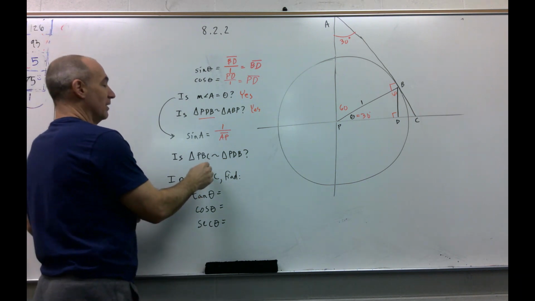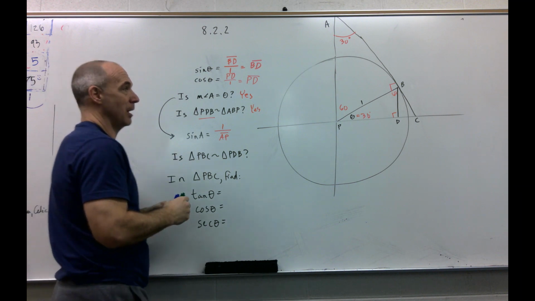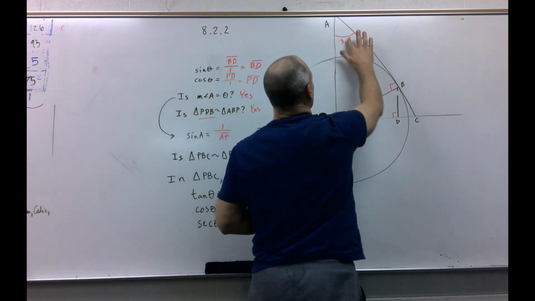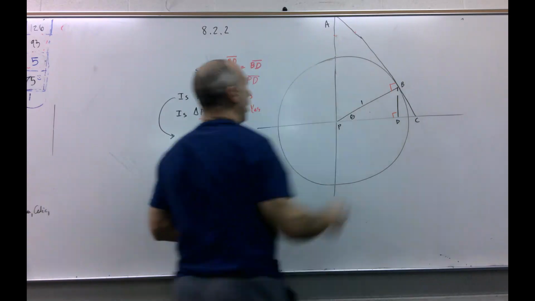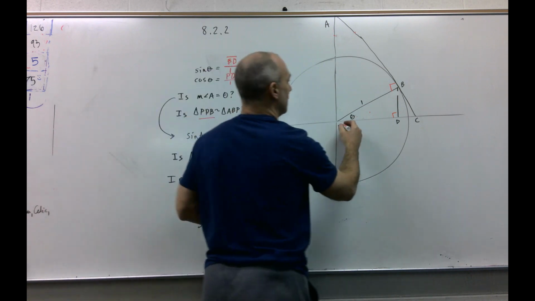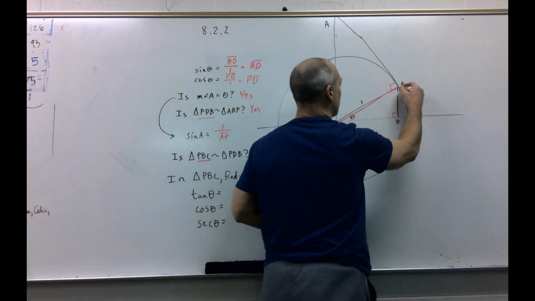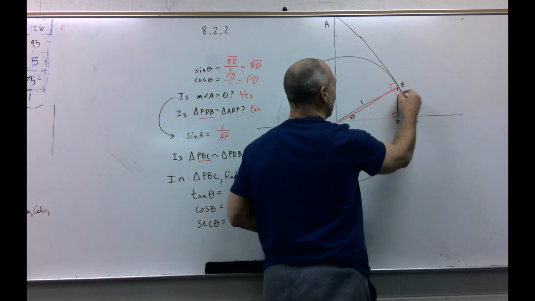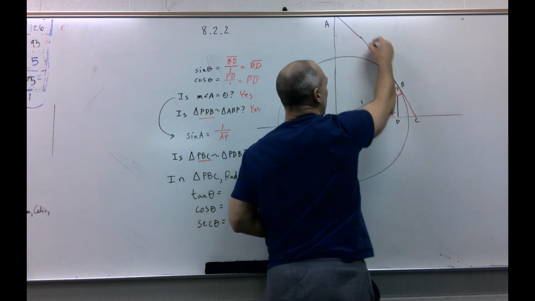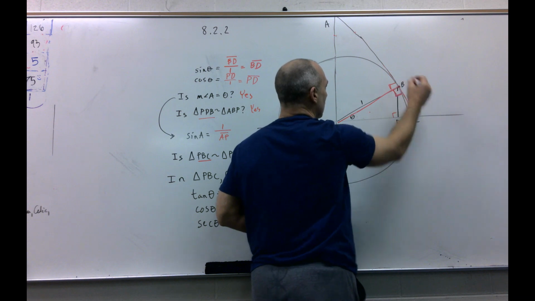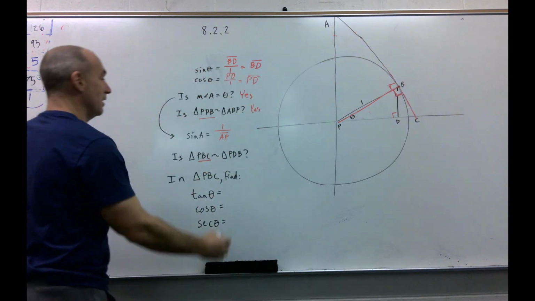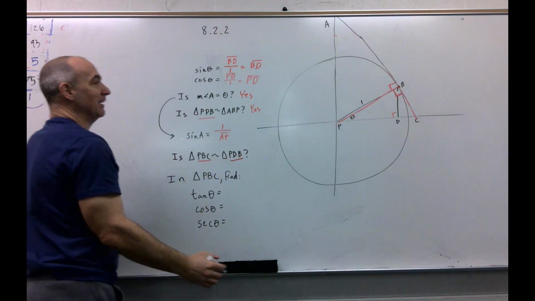Now, here comes some more geometry. Now I'm going to get rid of all these little gizmos here. And let's talk. Is triangle PBC, that's right here, I'm going to highlight it. Now notice, this is a 90, because it's the same rule as that 90. A radius drawn to a point of tangency, which is right here, forms a 90. That's a geometry rule. Is it similar to PDB?